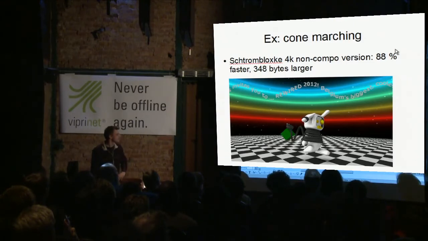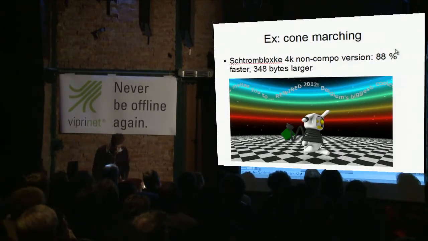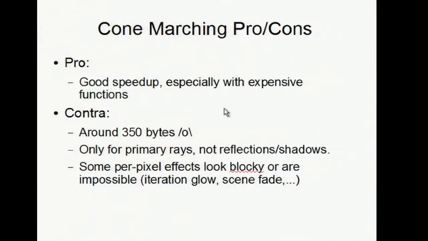For this scene it was 88% faster, but it's 348 bytes larger, which is painful. So you have a good speed up, especially if you have expensive functions, but yeah, 350 bytes.